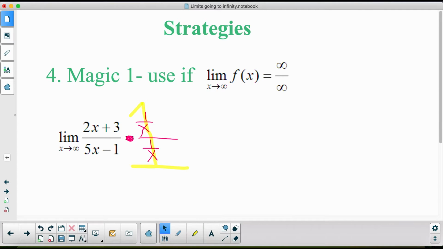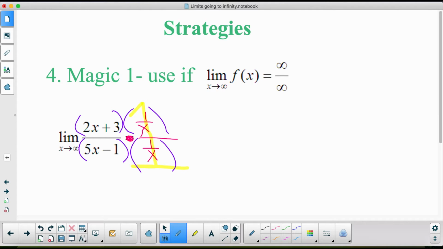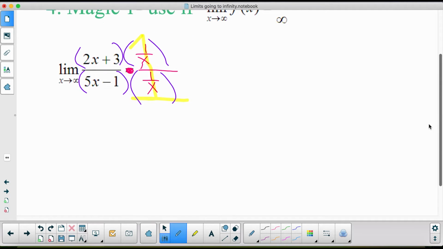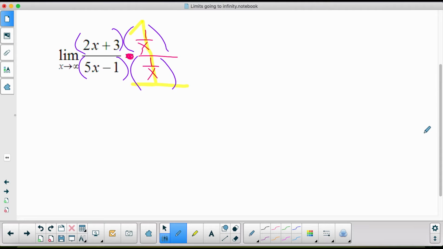And now I'm going to factor this out so we can see what this looks like. So we have the limit as x goes to infinity, 2x times 1 over x.